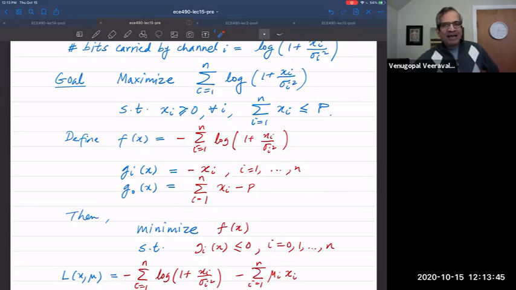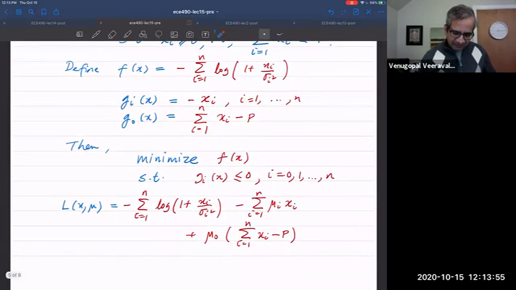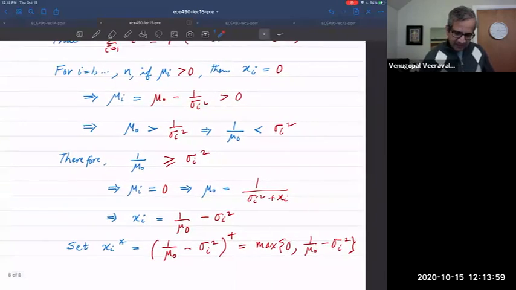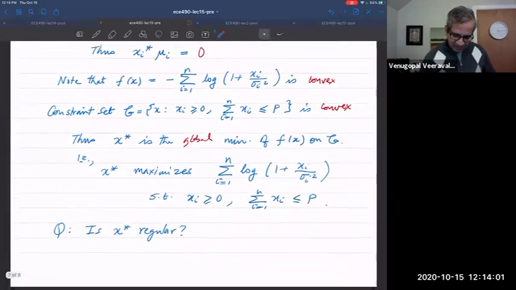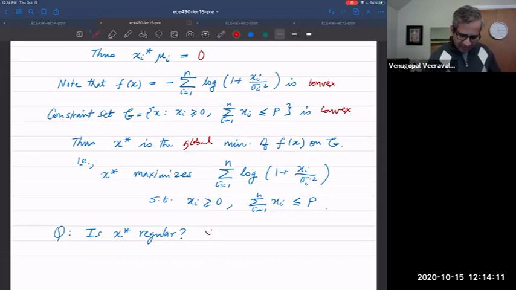What this says is that you have to allocate power to at least one of the channels. And so that's why we have this condition hold. So the answer to that is yes. So we're done. That's the solution to the problem.